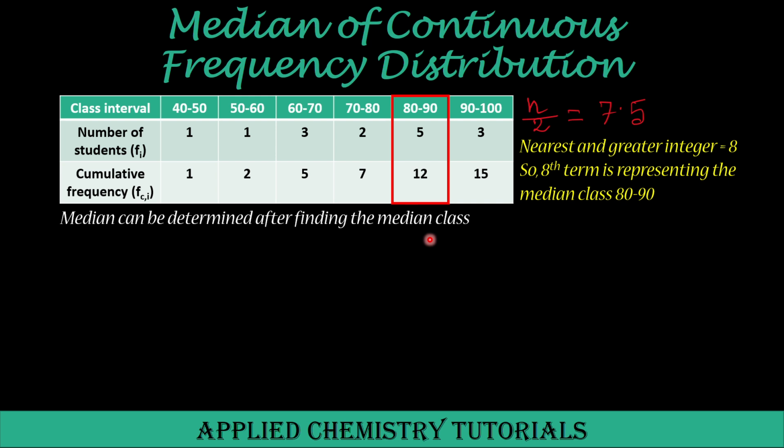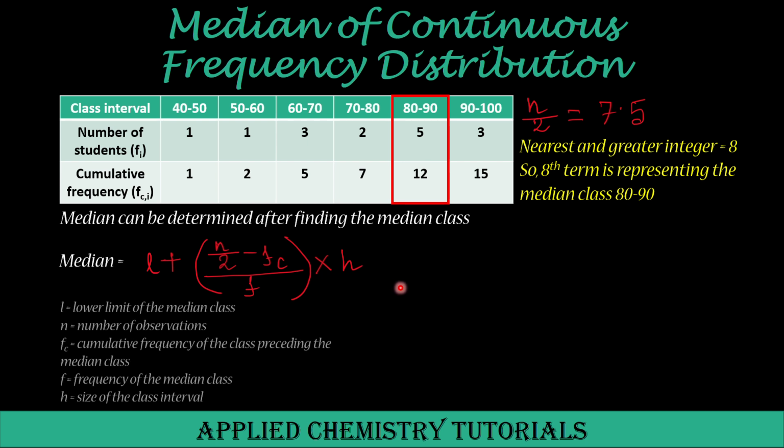Median can now be determined after finding the median class. The median is equal to L plus (n by 2 minus fc) divided by f, the whole multiplied by h, where L is the lower limit of the median class, which is 80, n is the number of observations, which is 15, fc is the cumulative frequency of the class preceding the median class, which is 7, f is the frequency of the median class, which is 5, and h is the size of the class interval, which is 90 minus 80, or 10.